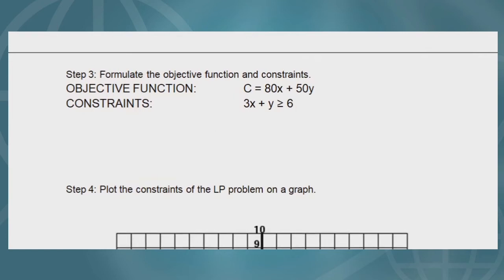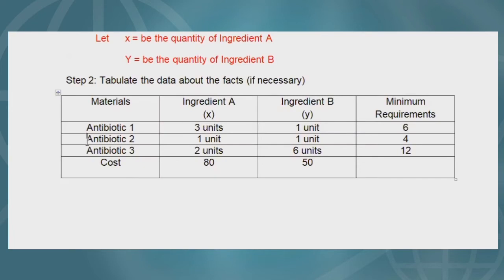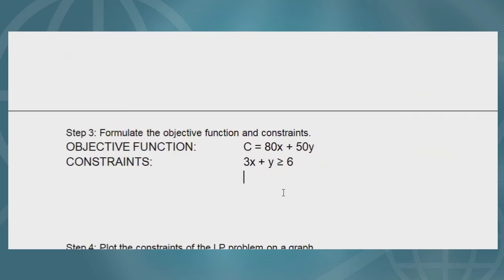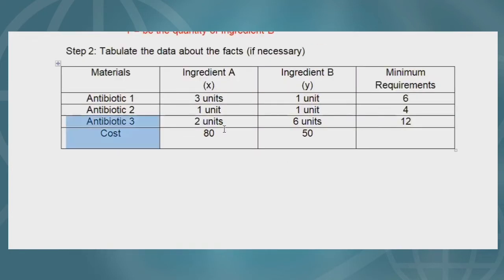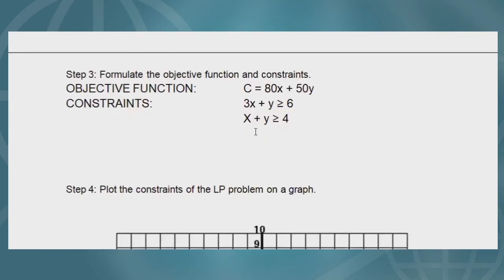That is our first constraint. Then second constraint, antibiotic 2: 1, 1, 4. So 1x plus 1y greater than or equal to 4. Then last row, antibiotic 3, 2 units for ingredient A, 6 units for ingredient B. Minimum requirement is 12. So 2, 6, 12: 2x plus 6y greater than or equal to 12.